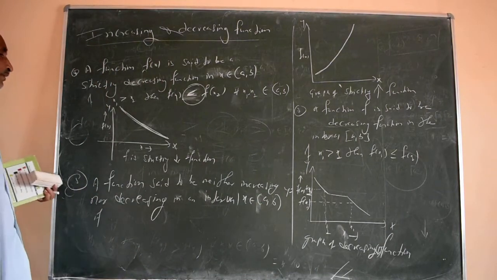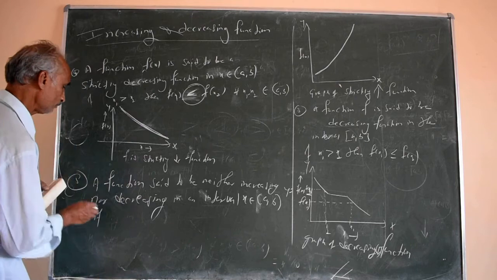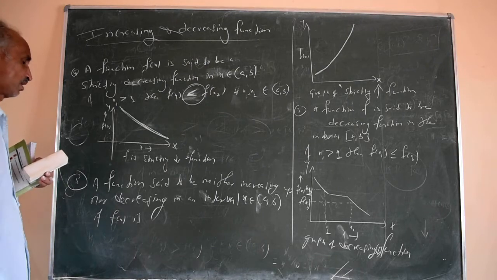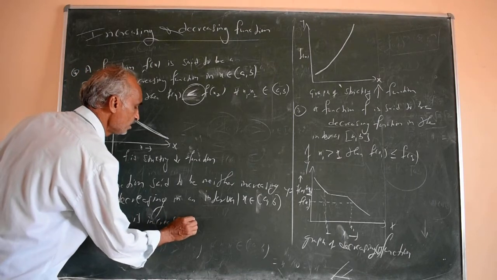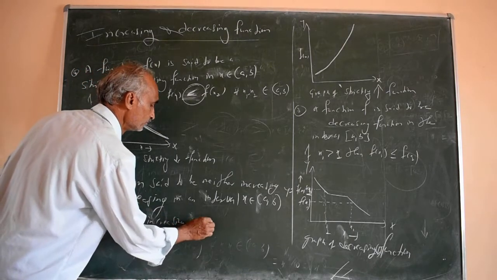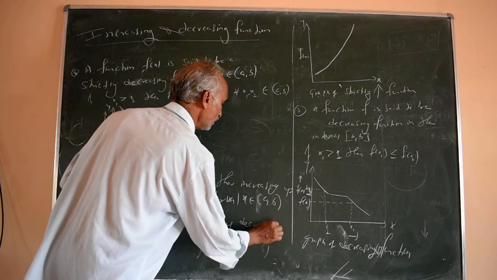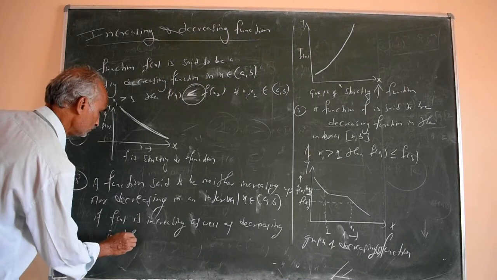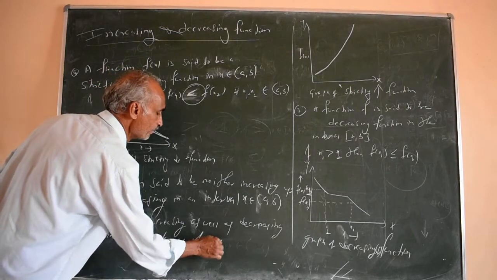If x belongs to AB, if f of x is increasing in some portion and f of x is decreasing in some portion, if f of x is increasing as well as decreasing in the subinterval of AB. Okay, what do you mean by that?